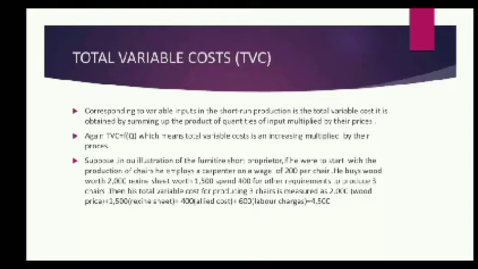Then his total variable cost for producing 3 chairs is measured as 2,000 price of the wood plus 1,500 the resin sheet plus 400 the allied cost plus 600 labor charges, which equals 4,500.